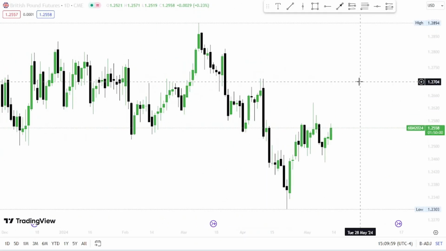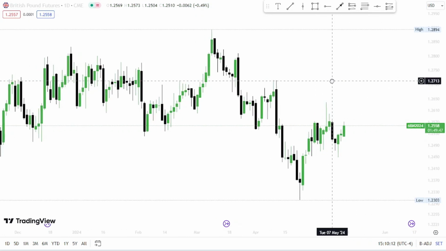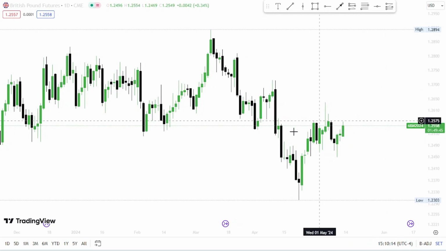Now let me demonstrate to you guys how I use these PD arrays to formulate a trade or even to analyze the market. I'm going to use an example of a trade I took on Friday.